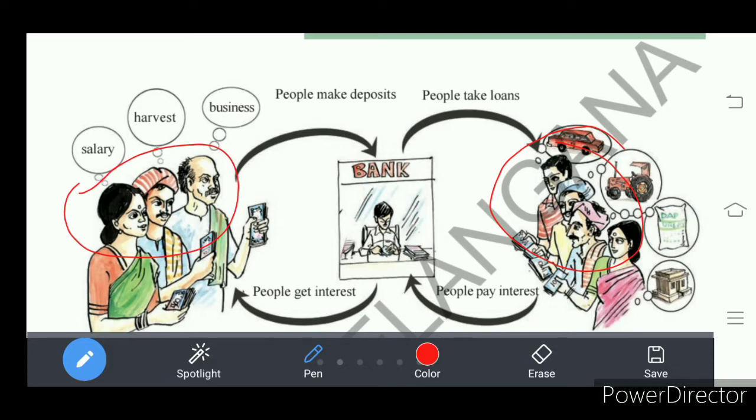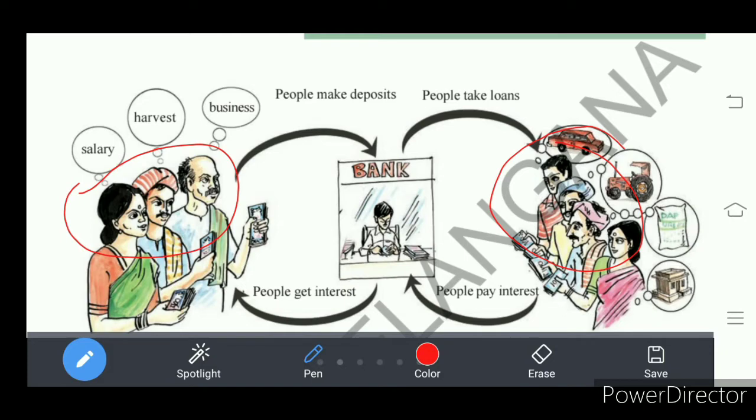So those people who deposit money get interest from the bank. Those who take a loan from the bank, we call them borrowers. They have to pay interest along with the amount they take as a loan.